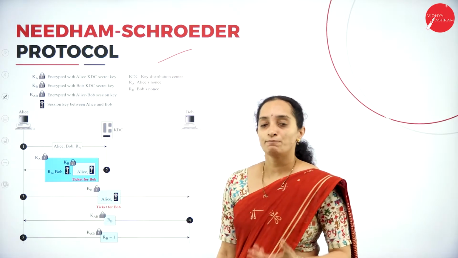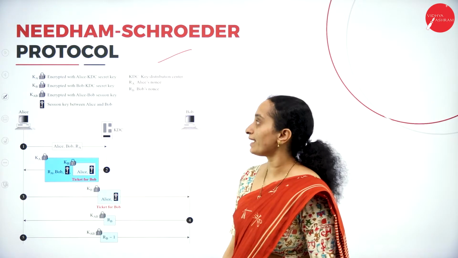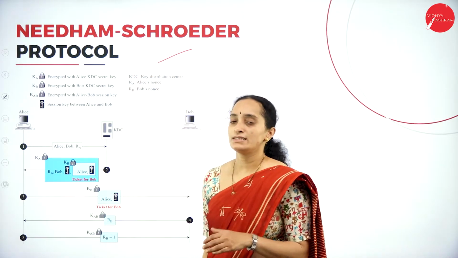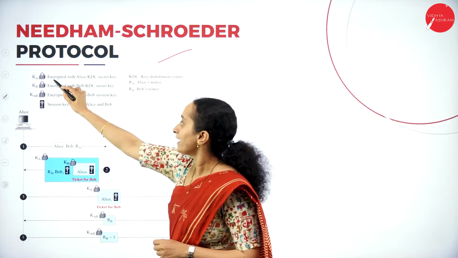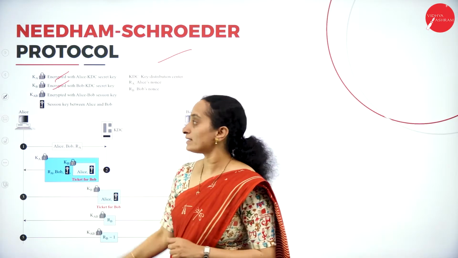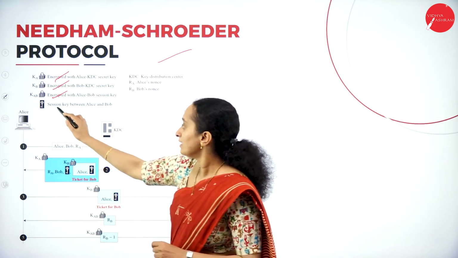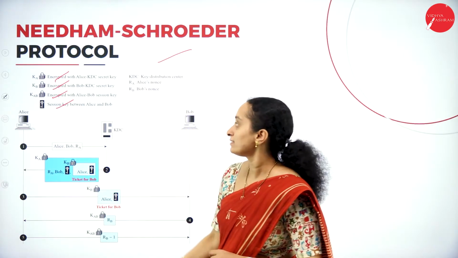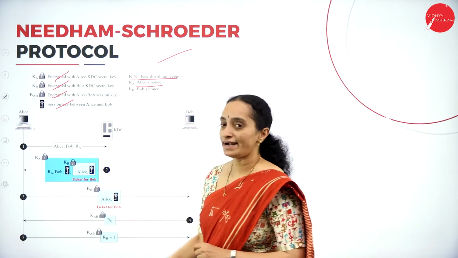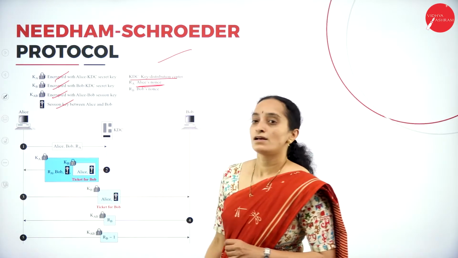We have the improvised version of this normal or simple protocol with KDC, that is the NEEDHAM-SCHROEDER protocol. It is an improvised one. We use the encrypted Alice KDC secret key, encrypted Bob KDC secret key, encrypted with the Alice-Bob session key, then the session key between Alice and Bob, and we have the RA, a random value that is selected, which is known as the Alice nonce.